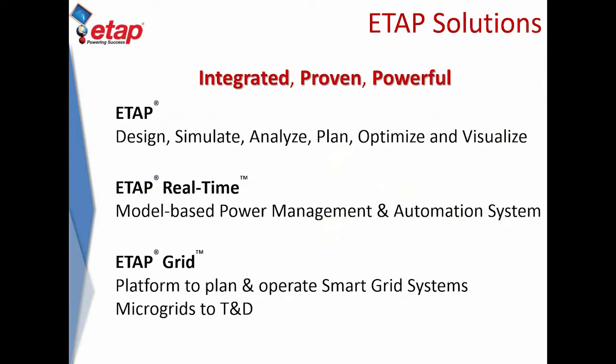ETAP basically is broken down into ETAP, ETAP real-time, and ETAP grid. ETAP is the application that you're traditionally used to doing design and analysis. The same platform is utilized by ETAP real-time, which is essentially a model-based power management and automation system. And finally, ETAP grid, which is a combination of ETAP and real-time technologies dedicated to transmission, distribution, and microgrids.